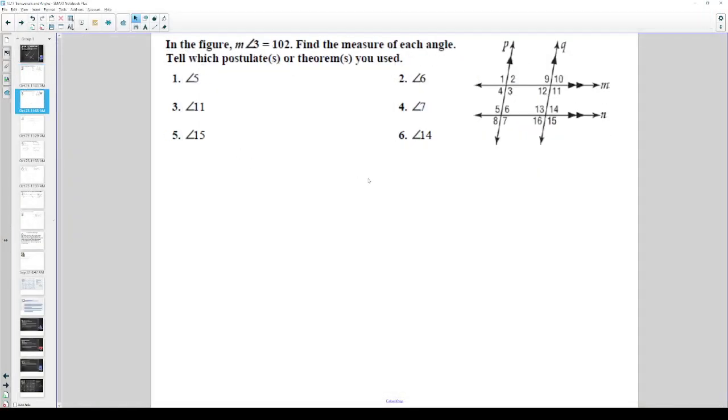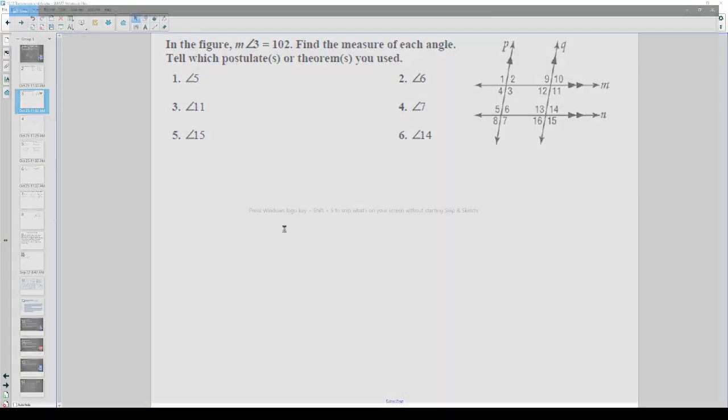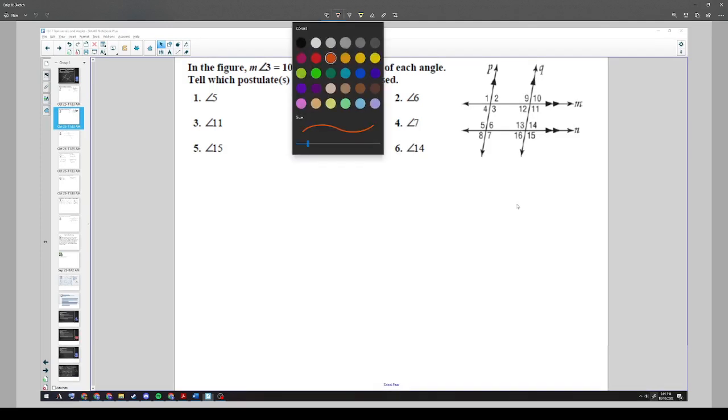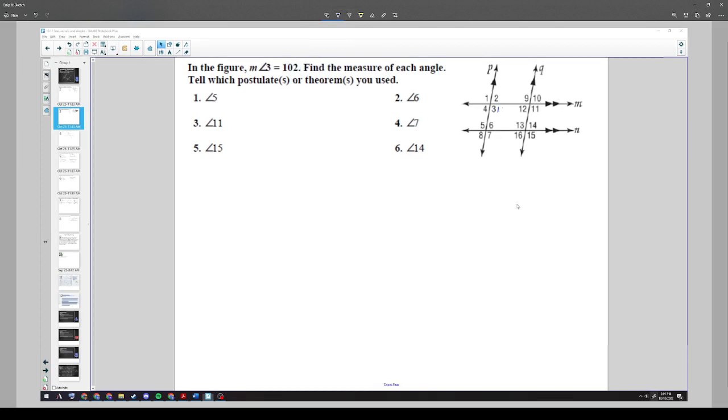There's a second one of these for practice. So the only difference here is that both pairs of lines are parallel to each other. So P and Q are parallel, but M and N are also parallel. So if we know angle 3 is 102 degrees, I'm going to go back to my blue, so this is 102 degrees, then I know all 8 of these angles because M and N are parallel.